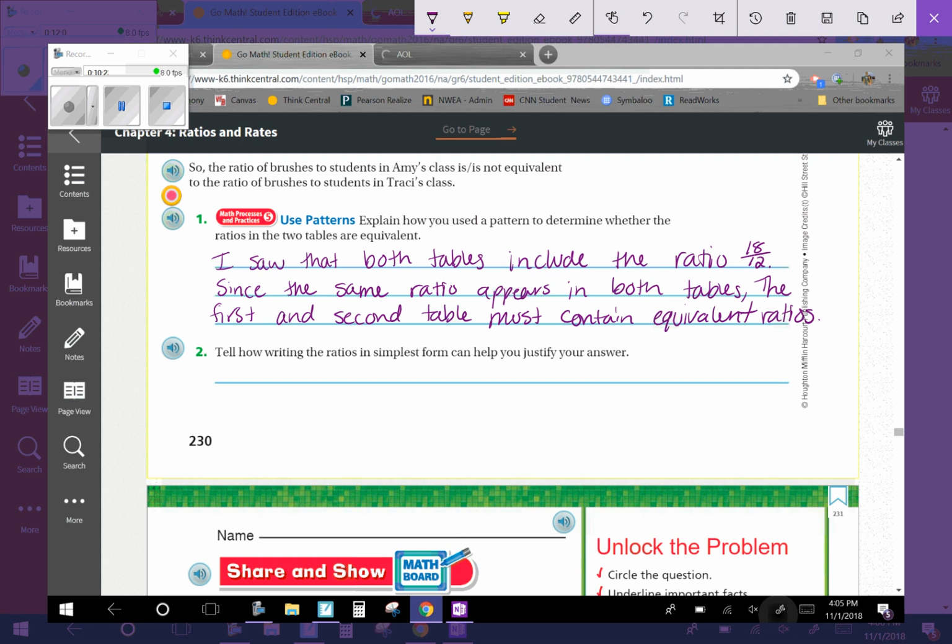When you write the simplest forms, so when you simplify the ratios in the first table, you find that they are equivalent. Well, when you simplify ratios in either table.